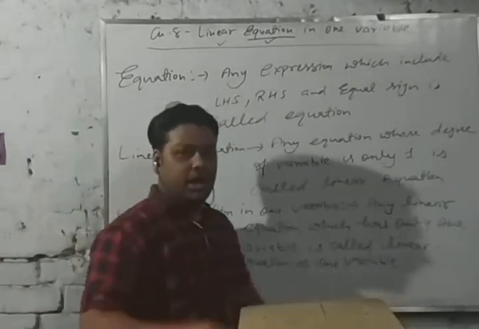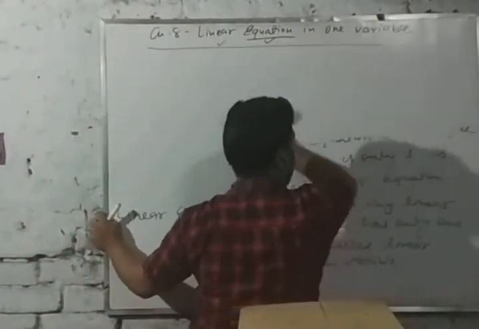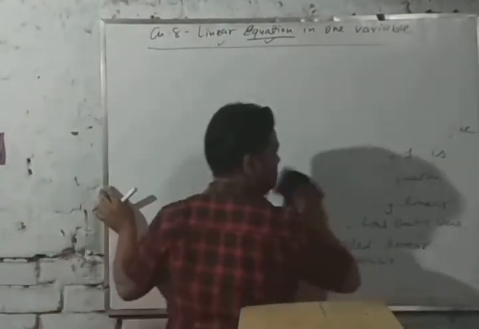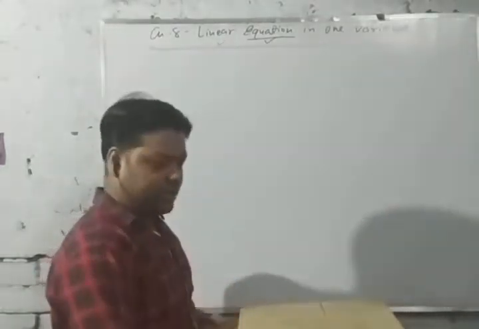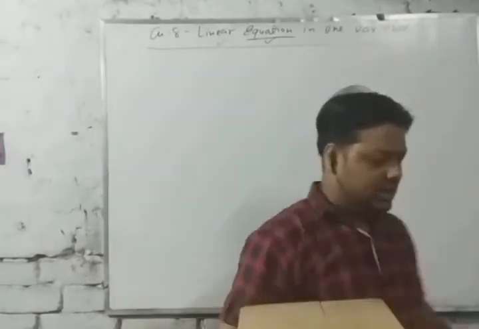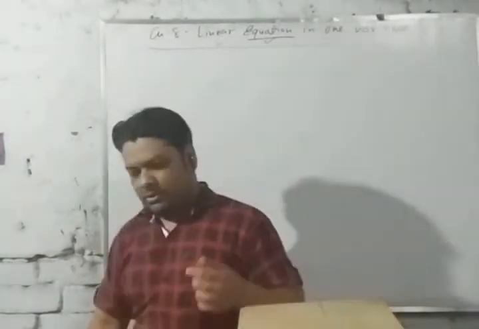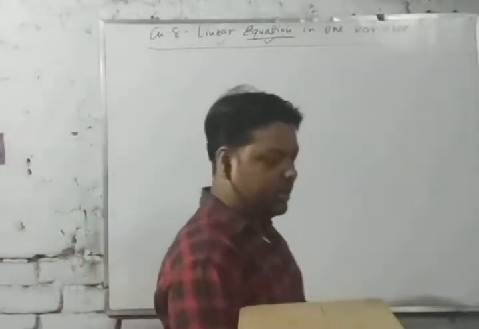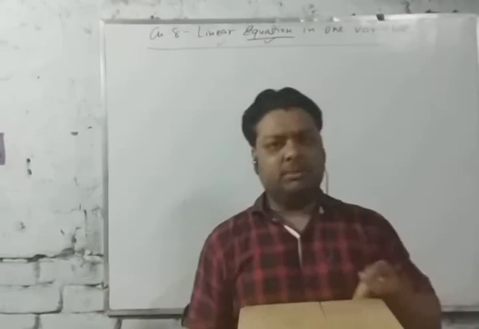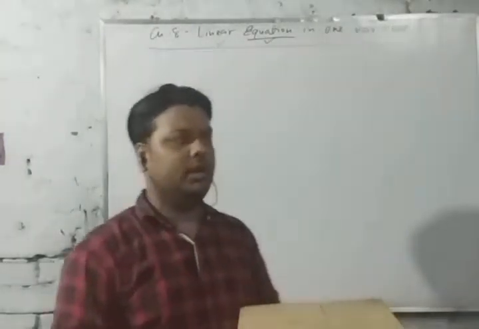Now let's move to the next topic. Same as the types of expression we discussed in the previous chapter: linear expression, monomial expression, binomial expression, trinomial expression. Same as that, there are monomial equation, trinomial equation and so on.